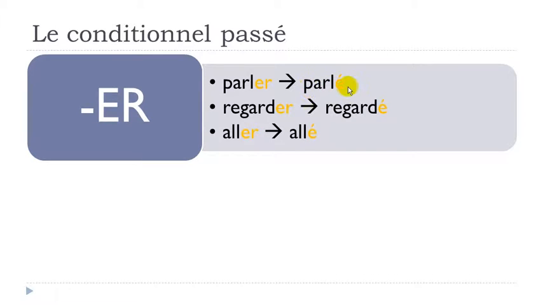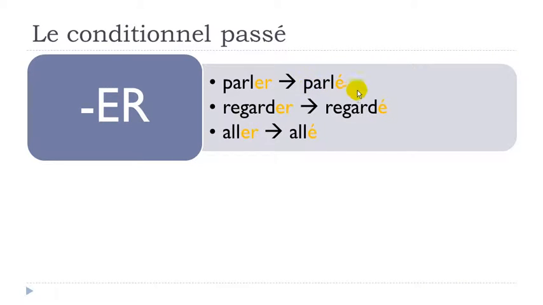Parler. Then the verb regarder, er here, will follow the same rule. Regarder, with the accent aigu. When we talk about the first group of verbs, we are really talking about a lot of verbs, so many verbs will follow this simple rule.